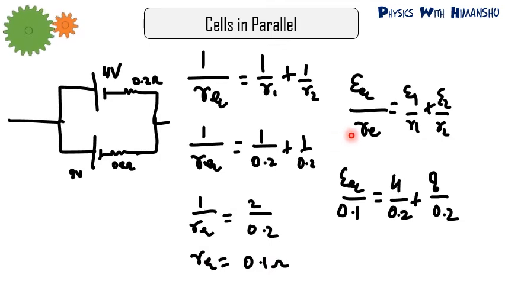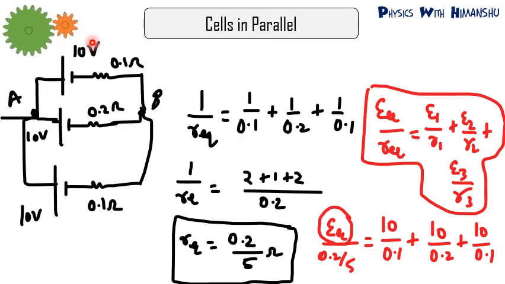Now putting this value in the equation E equivalent by R equivalent equal to E1 by R1 plus E2 by R2, with the values of E1, E2 and R equivalent, we can solve for E equivalent. But remember, in this case both the EMFs are taken to be positive, because the positive of one is connected to the positive of the second.